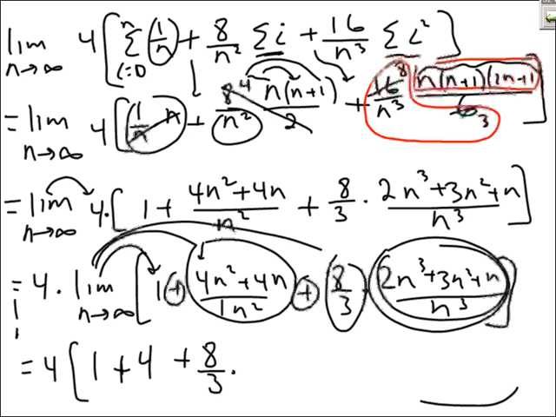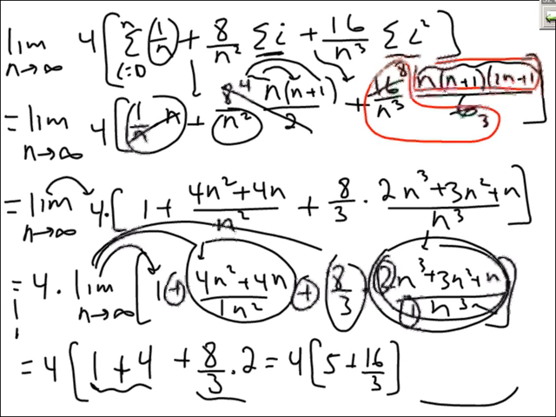Since the highest powers are 3, we divide the numbers in front. 2 over 1 is 2. So I claim we get 4 times 1 plus 4 is 5 plus 16/3. And 5 plus 16/3 is 5 and 16/3.